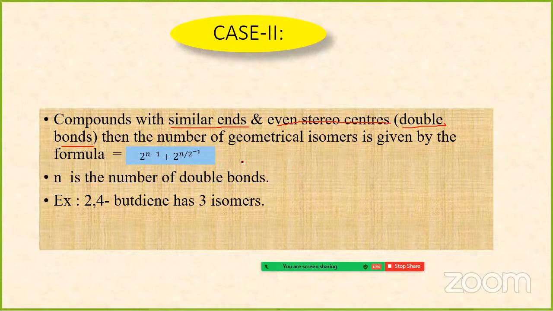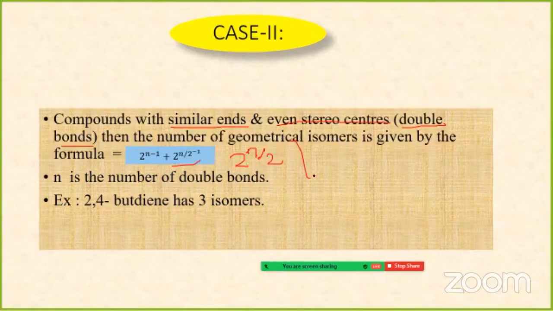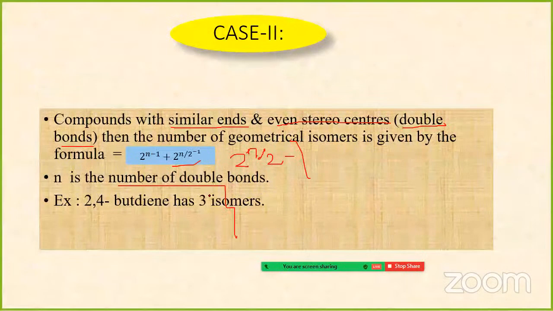Here this one is 2 to the power of n by 2, and minus 1. Here n is the number of double bonds, like the previous case. Always n is the number of double bonds. So what is the example here?